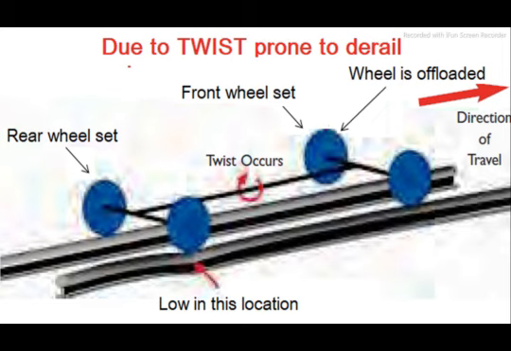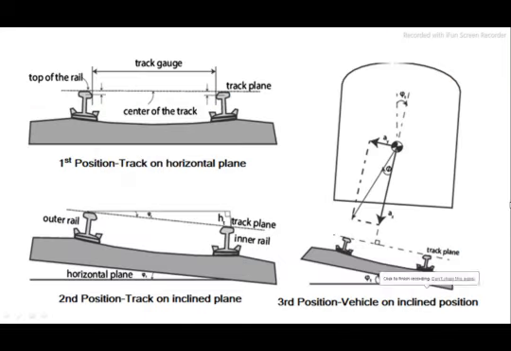Advantages of introducing twist on transition curves. When a train moves over curved track, the forces contributed are centrifugal force and centripetal force due to the continuously changing direction. So there are large lateral forces on the track as well as the vehicle, and it leads to discomfort to the passengers.